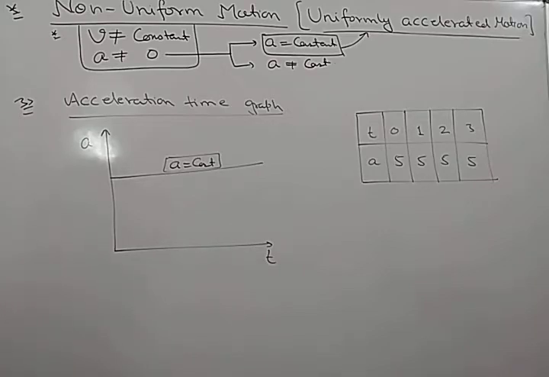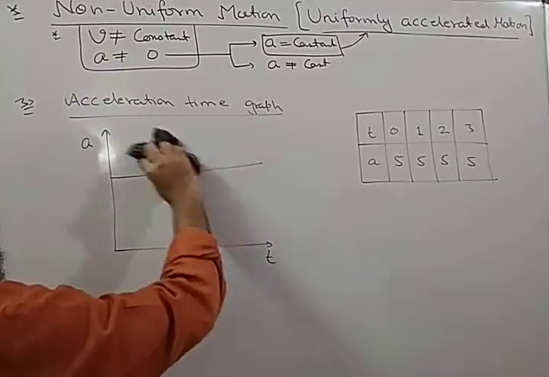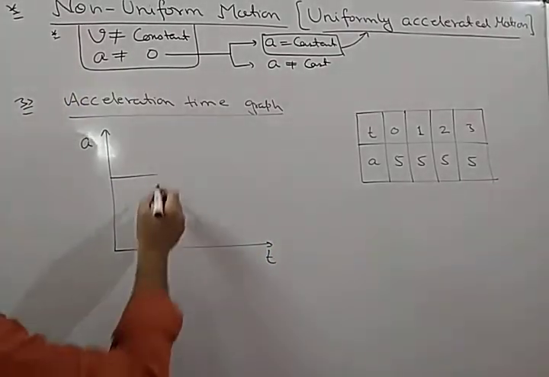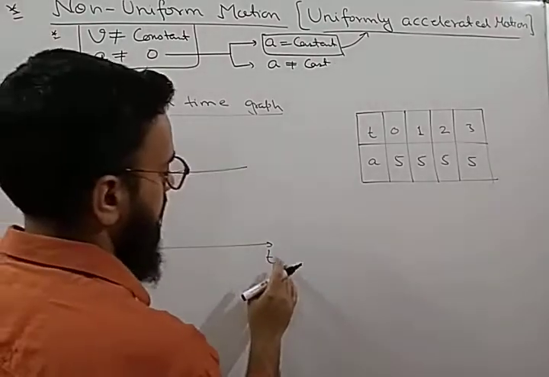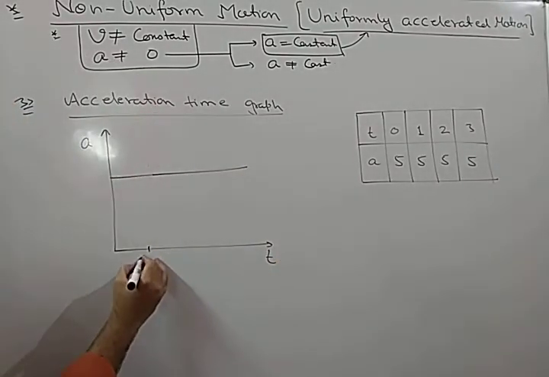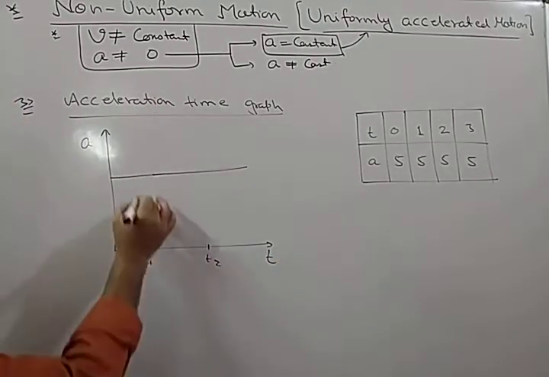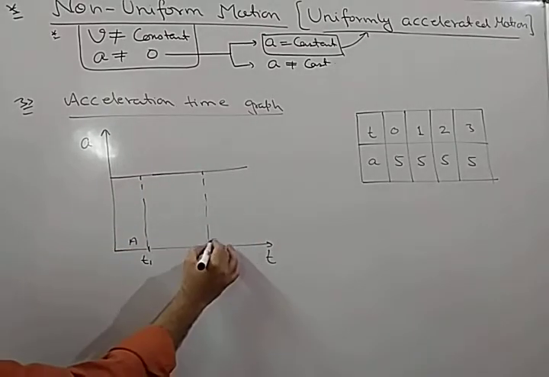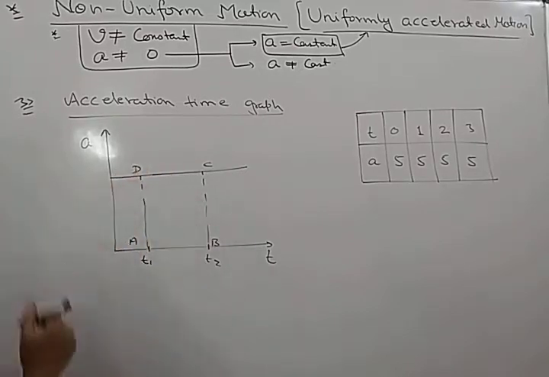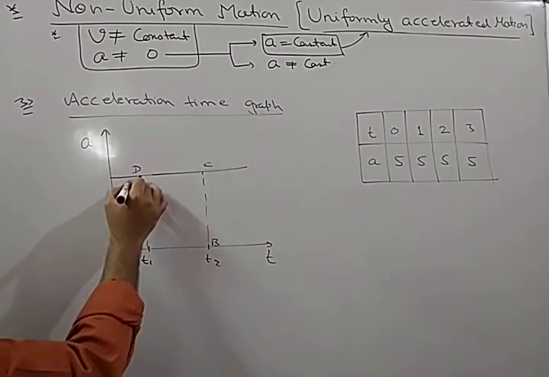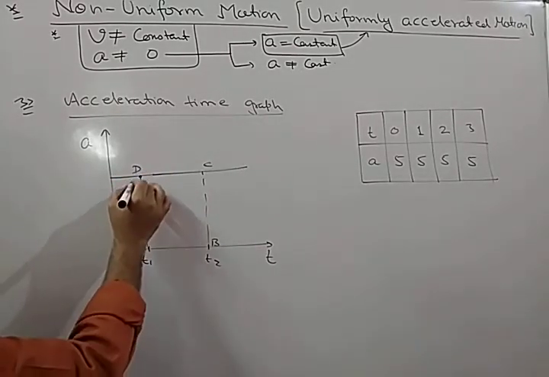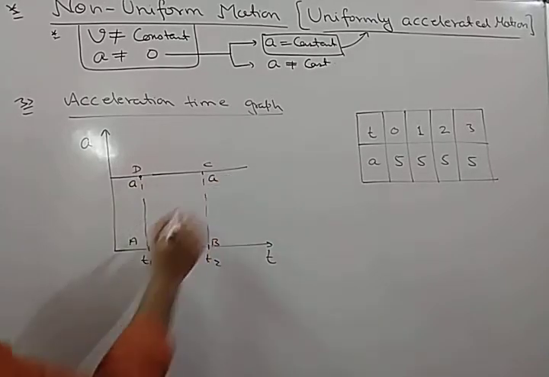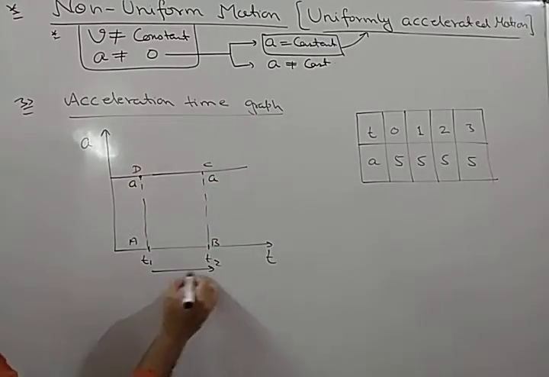Okay, now the second important thing: draw the acceleration time graph of uniformly accelerated motion first. If you consider points t1 and t2, this will form a rectangle ABCD. Now the acceleration at t1 is A, and at t2 also it is A. So what will be the value of AB?